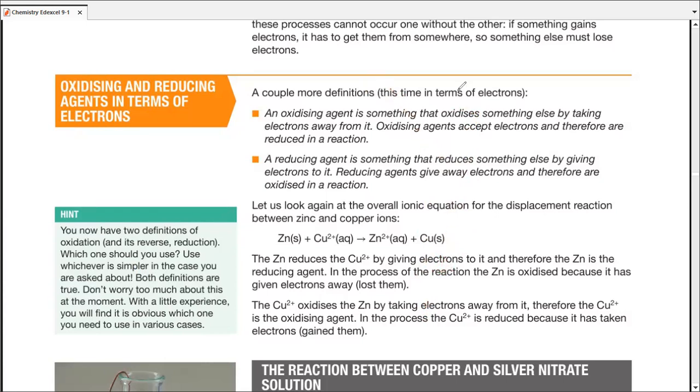So starting with in terms of electrons, an oxidizing agent is something that oxidizes something else, definitely the reactant it's reacting with, by taking electrons from it. So the oxidizing agent takes electrons from the other reactant. The oxidizing agent itself accepts electrons, and therefore it is reduced in a reaction.